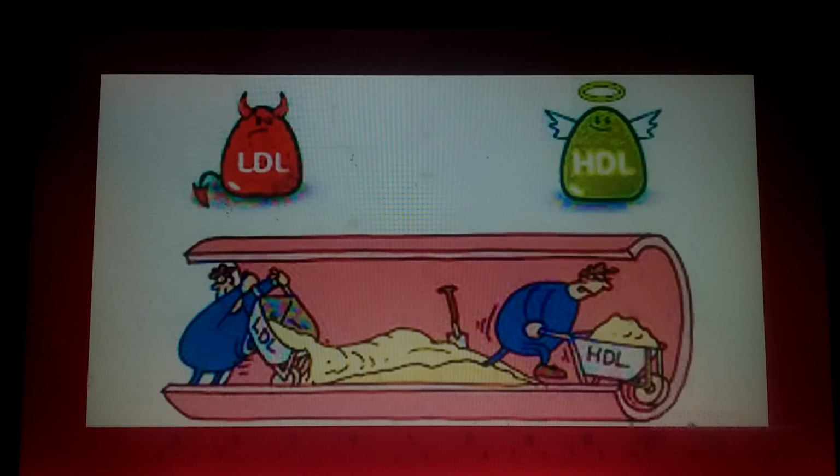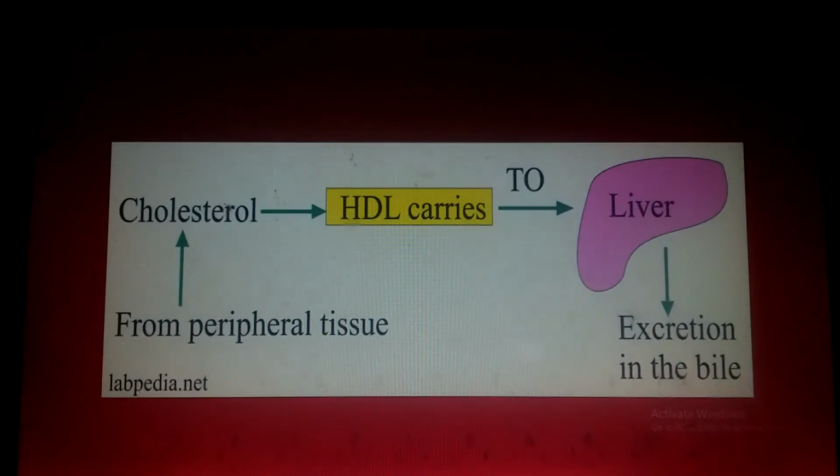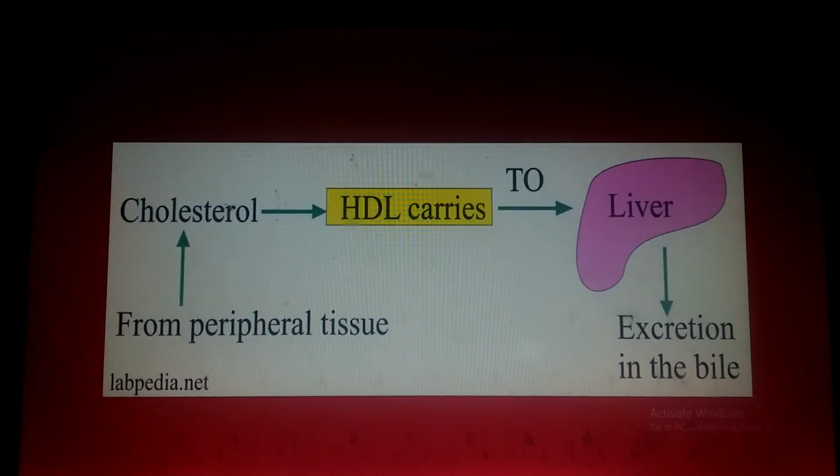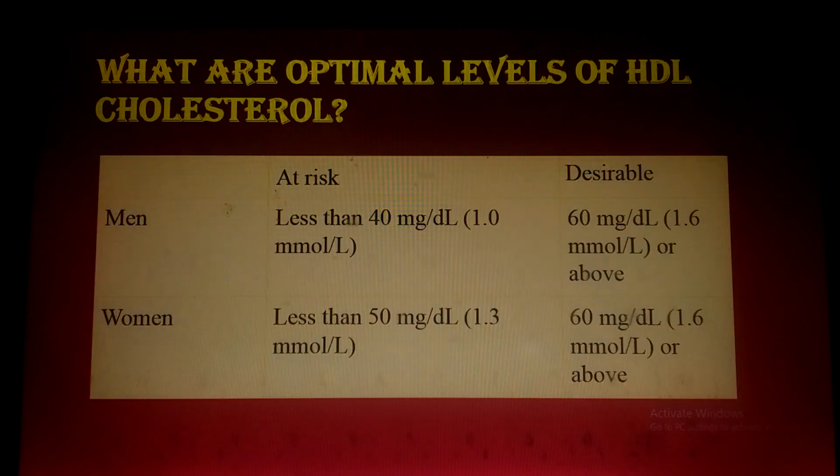Is it clear? So the function of the LDL and HDL is clear now. LDL carries the cholesterol from the liver to the body, and HDL carries it away from the body to the liver for removal, as you can see here. From the peripheral tissues, cholesterol is carried to the liver, and from the liver it is excreted. Is it clear now? Okay.